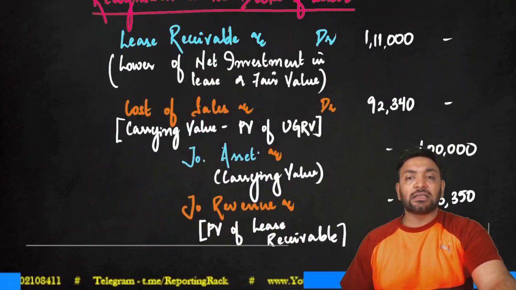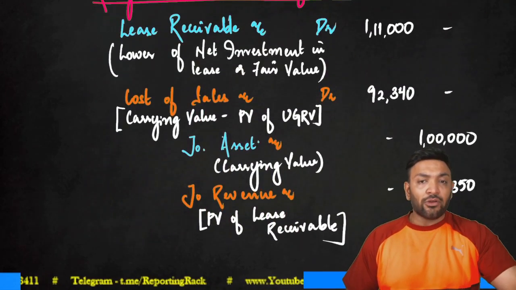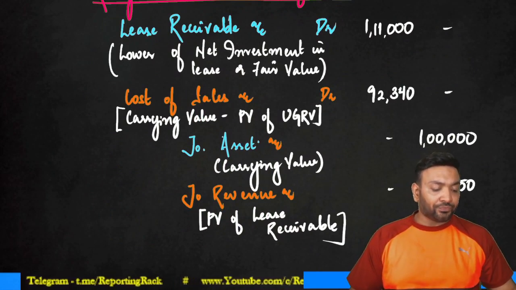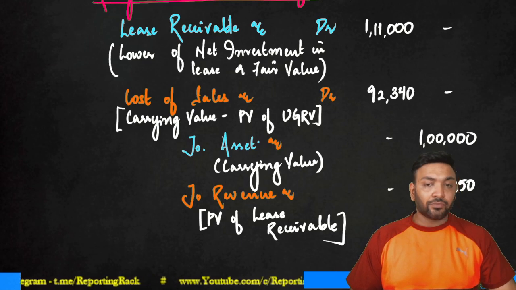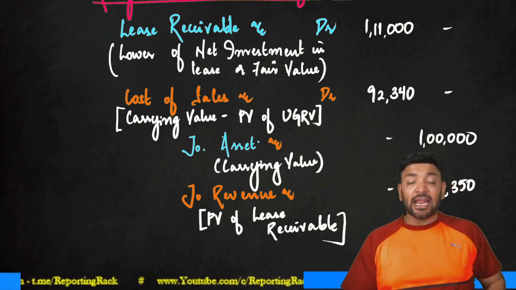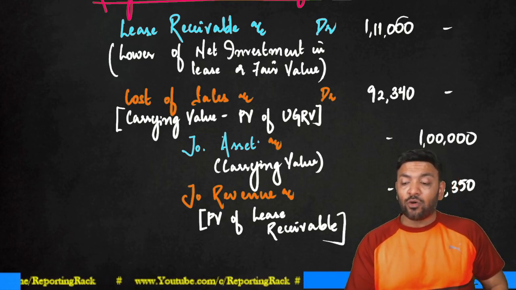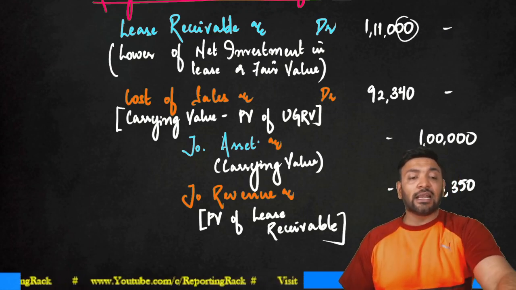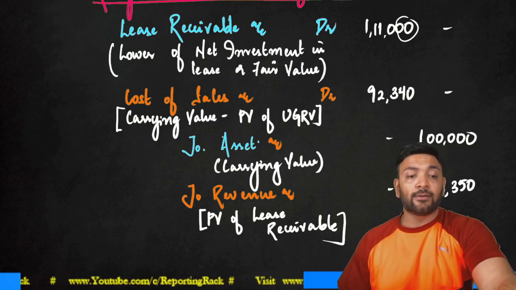1,03,350 is your answer. Check. Now you try to total it. You will get 10 rupees of difference. That 10 rupees is basically the amount which I should have actually included here. Exactly 10 rupees of difference you are getting as far as the accounting entry is concerned.